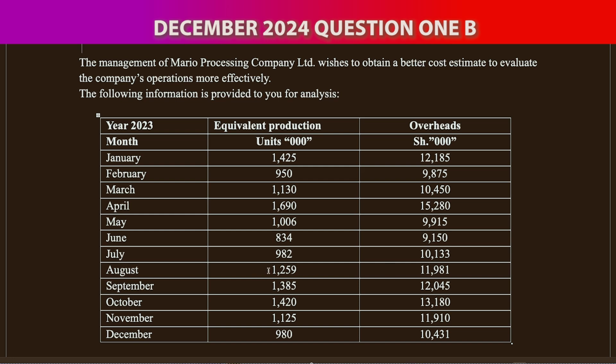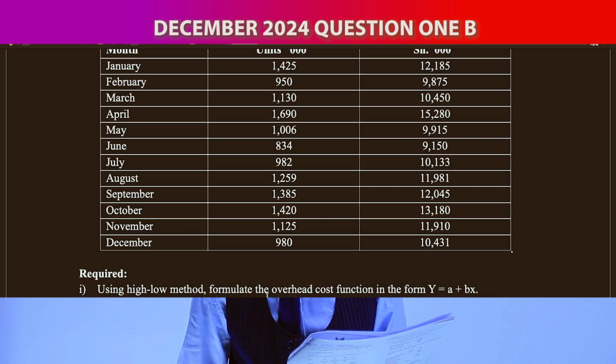August, 1259 units, a cost of 11981. September, 1385 units, a cost of 12045. October, 1420 units, a cost of 13180. November, 1125 units, your overhead is 11910. And December, 980 units with an overhead cost of 10431.